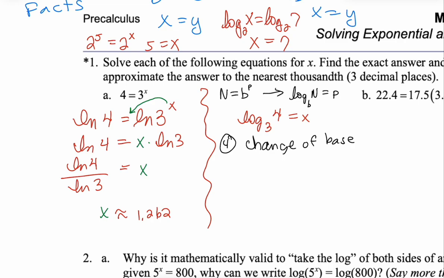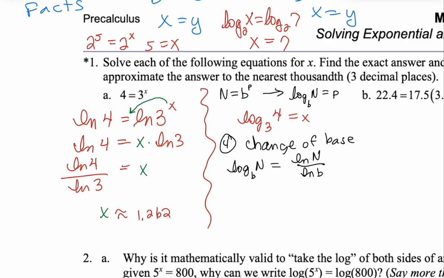Okay, the change of base formula says if you have the log base b of some number and you want to throw it into a calculator and you don't have a log base b button, you can take the natural log of the tall over the natural log of the small.